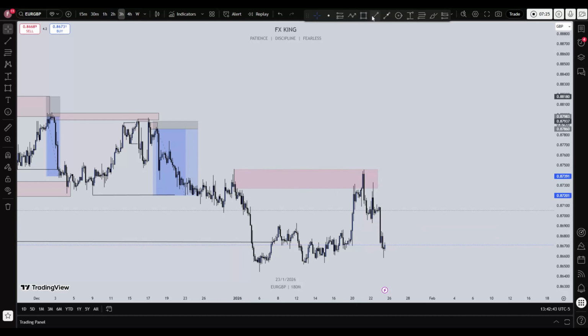This is Euro GBP. So that pair is reacting off the zone there after we had this break of structure here. So this market came, tapped into this zone, gave a change of character around here.